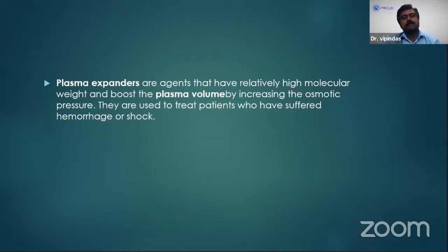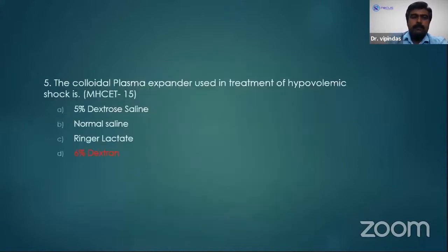That is also important: plasma expanders have high molecular weight and boost the plasma volume by increasing the osmotic pressure. So here the answer is 6% dextran.